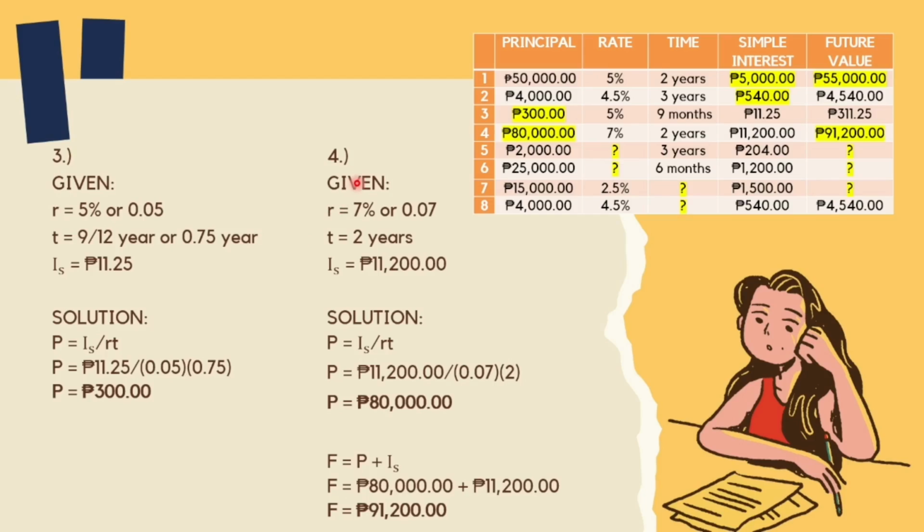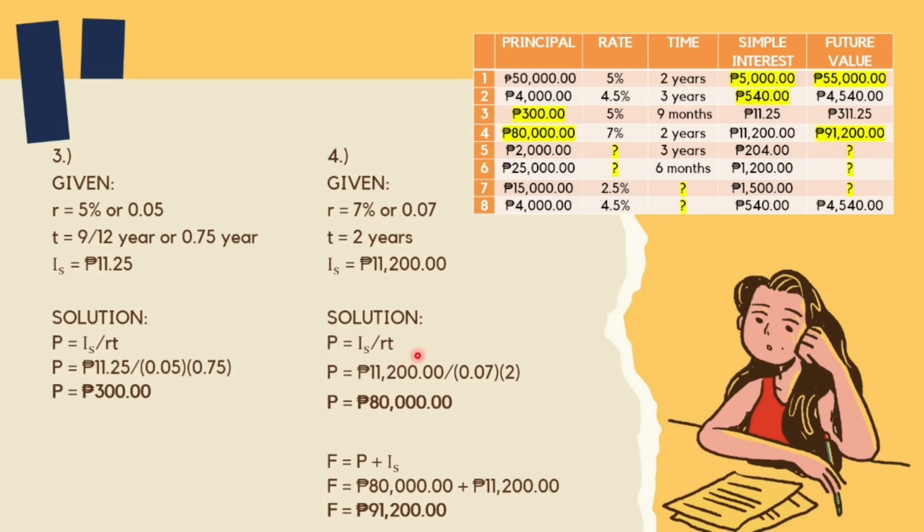Next, let's head on to example number 4. We have the following given. The rate is 7%, or when divided by 100 is equal to 0.07. The given time is 2 years, or 2, and the given simple interest is 11,200 pesos. For this one, we are trying to solve for the principal and the future value.